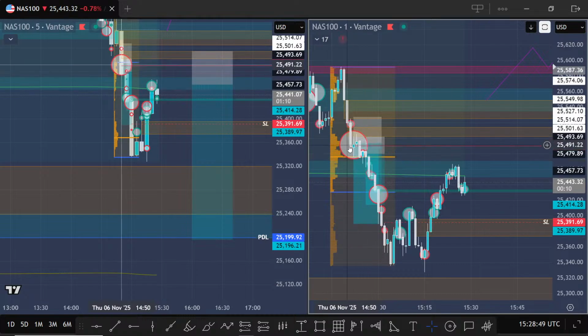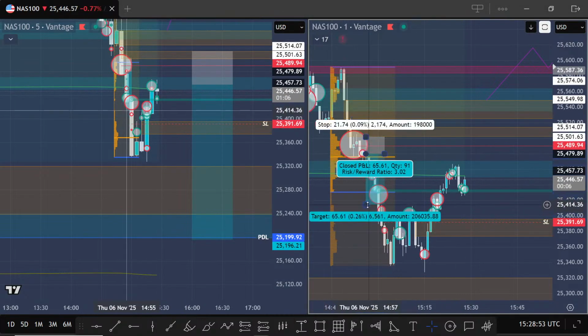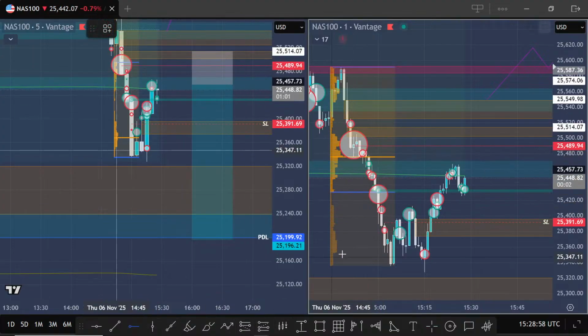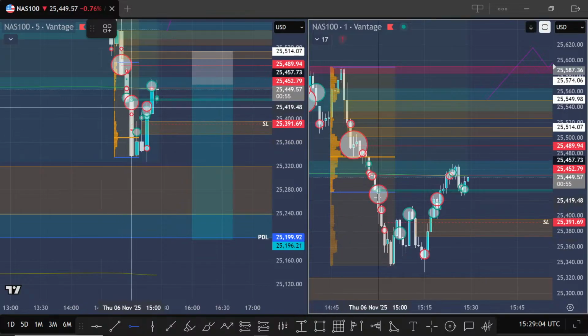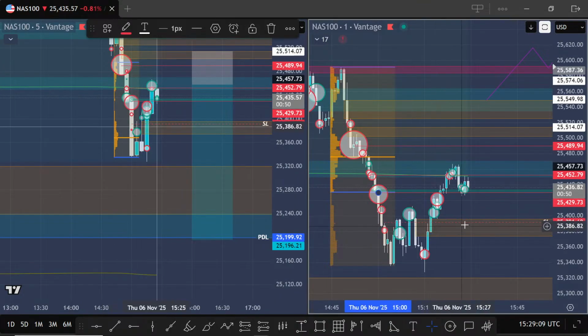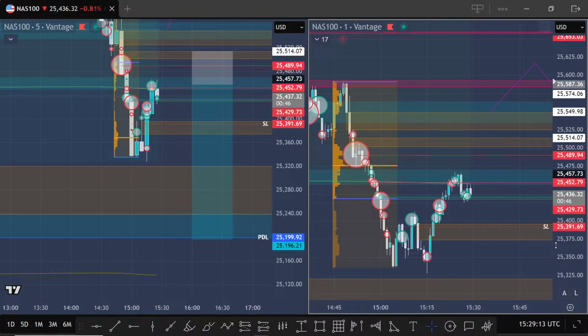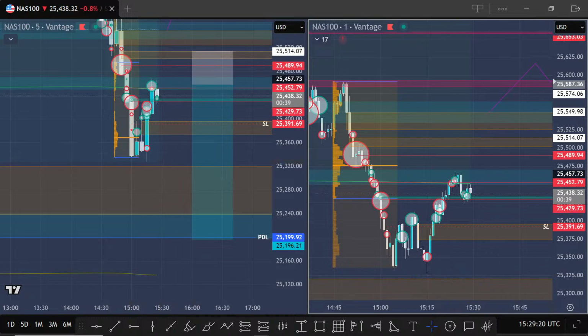See if we come back past this sell. I'm going to get rid of these. So we've got these 3 levels basically. These are the biggest trades of the session.